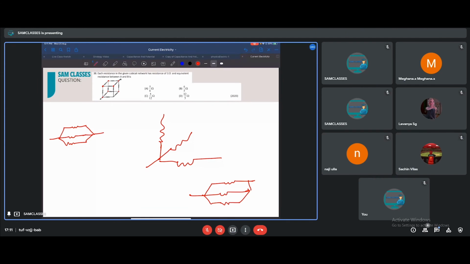Next, from here to here, it will be a total of 6 in parallel. And then before B, these 3 again in parallel.